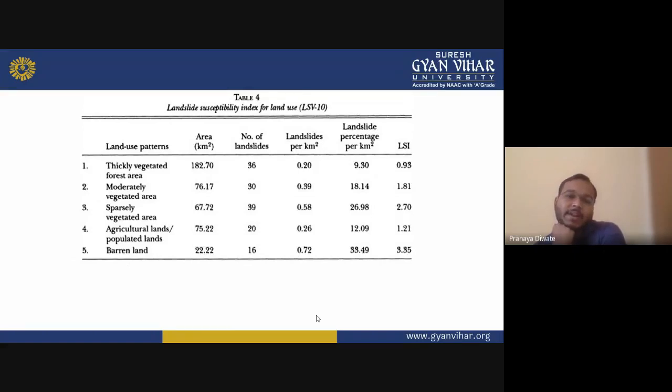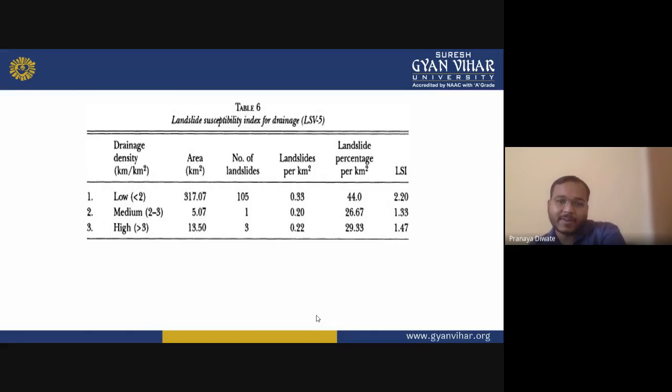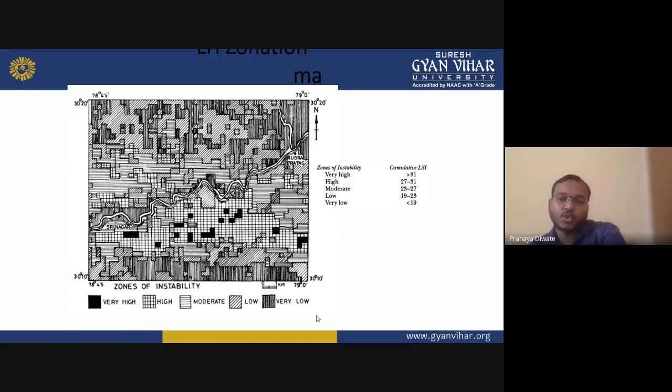Then you have sparsely vegetated areas and moderately vegetated areas, all having different percentages. Then you have relief features and different drainage. This is a zone of instability.